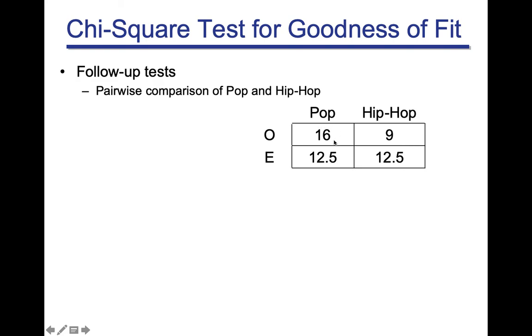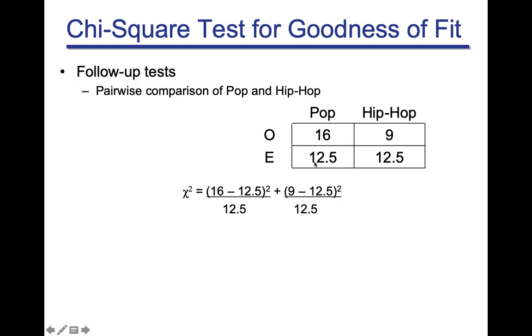If we've got 16 people that said they like to listen to pop, and 9 that said they like to listen to hip hop, that's 25 people. So we go back to the null hypothesis of equal preference, use our new number of 25 people, and split that equally into 12.5 and 12.5 across both categories.